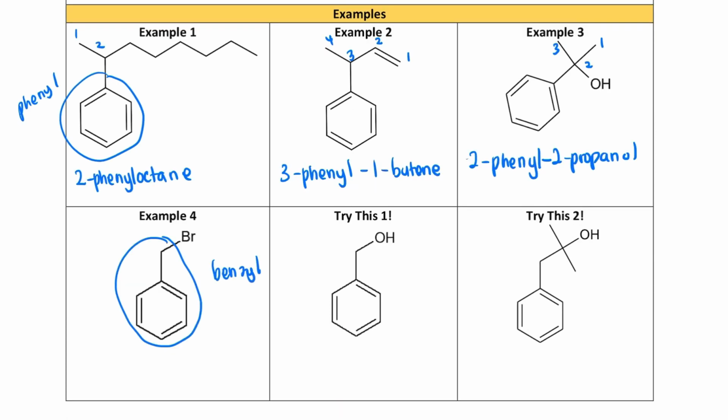Next, kita pergi example 4. So, yang ini example 4, dia lain sikit. Okay, sebab this one, this whole thing kita akan panggil dia benzil. So, dia ada Br. So, nama dia akan jadi benzil bromide. Okay, ataupun if you want to give IUPAC name dia, boleh juga. IUPAC name dia kamu kena bagi ni dululah. Okay, ini kira substituent dalam substituent. Parent dia adalah benzene.